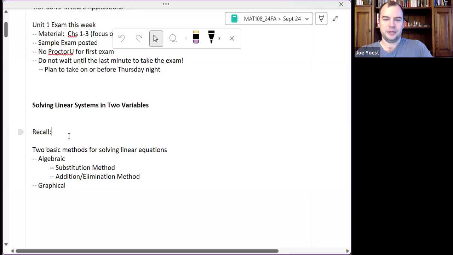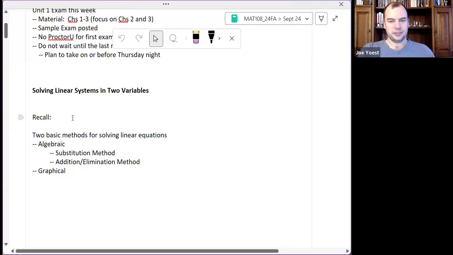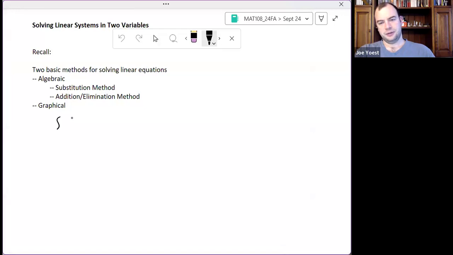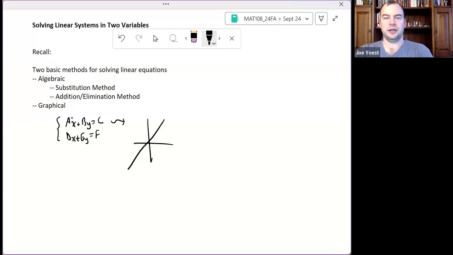Okay, so solving linear systems in two variables. Recall that there are two basic methods for solving linear equations, algebraic and graphical. If we have a system of two equations and two unknowns, we can think of each of these equations as a line on a graph, a line in the 2D plane.